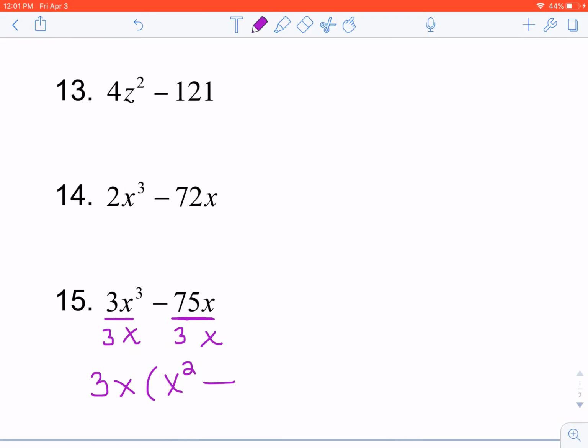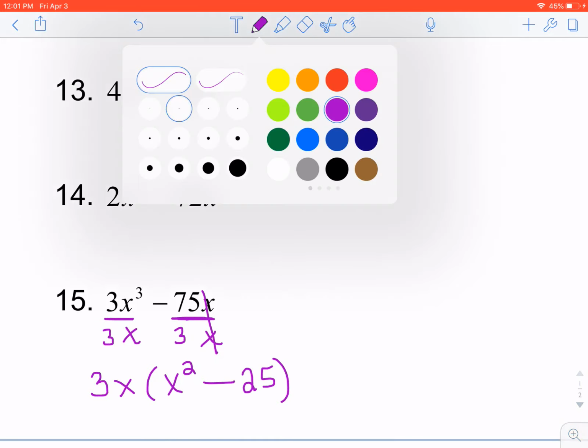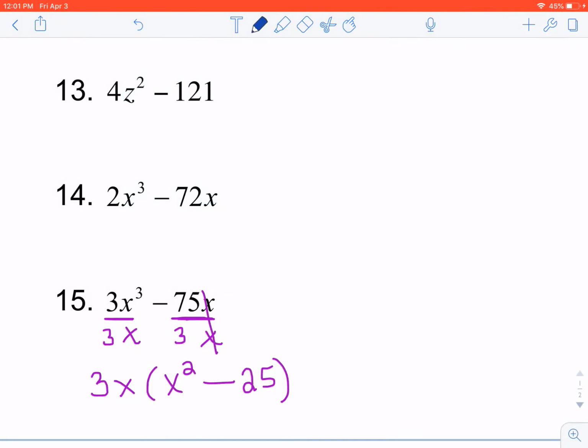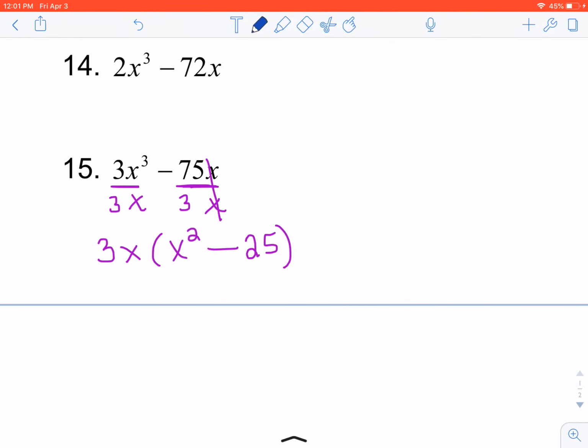Then there's a minus sign. 75 divided by 3 is 25. And the x's cancel. So now we have x squared minus 25. All right, so we've done the GCF part. Now we have to do the square root part. The square root of x squared is x. The square root of 25 is 5.